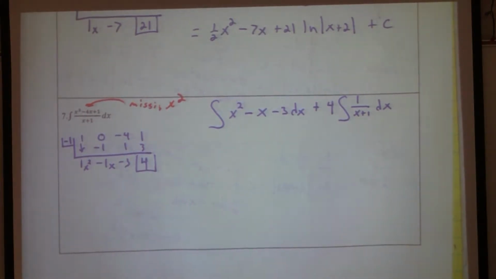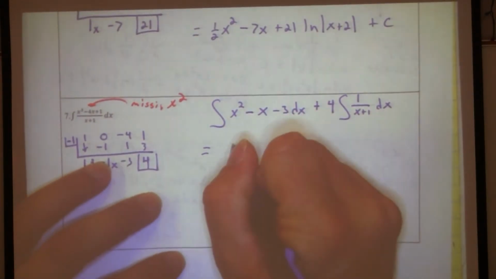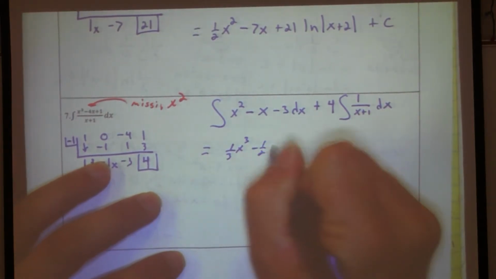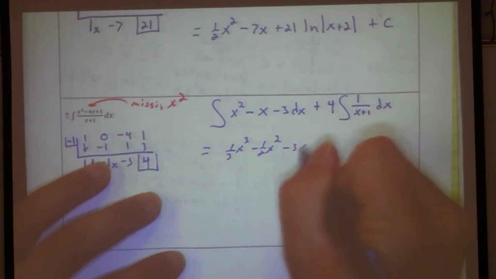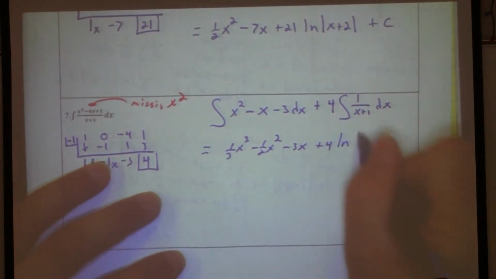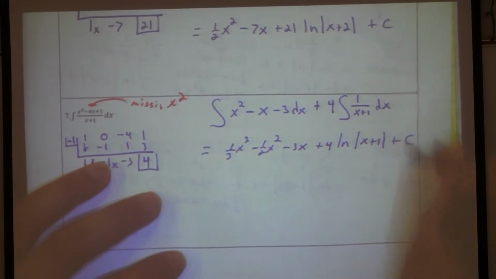Are we okay? Alright, so let's integrate. What do we get? 1/3 x cubed, minus 1/2 x squared, minus 3x, plus 4 times ln absolute value x plus 1. Beautiful.